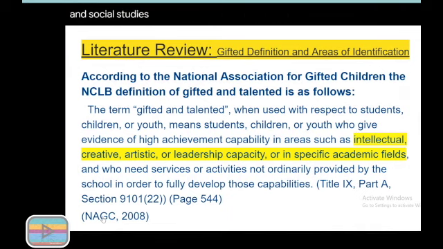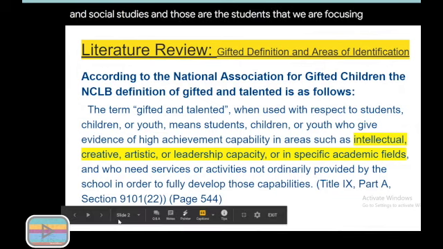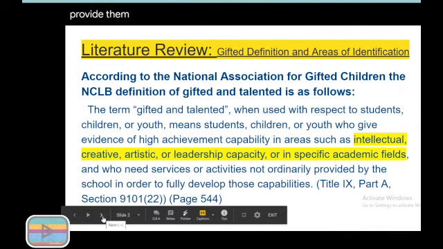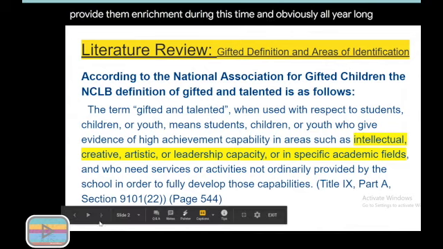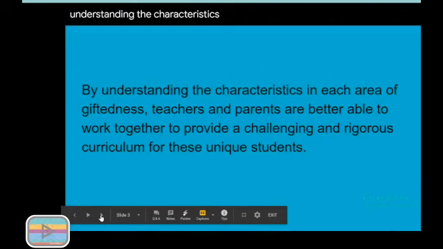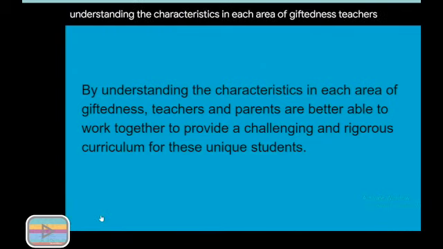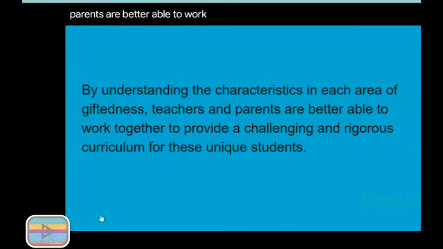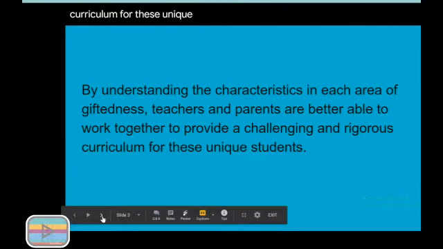And those are the students that we are focusing on, trying to provide them enrichment during this time and obviously all year long. So by understanding the characteristics in each area of giftedness, teachers and parents are better able to work together to provide a challenging and rigorous curriculum for these unique students.